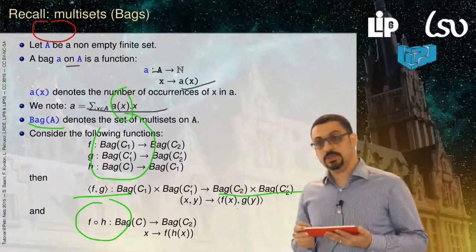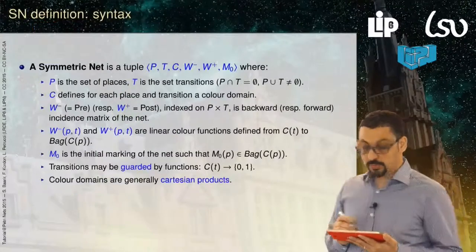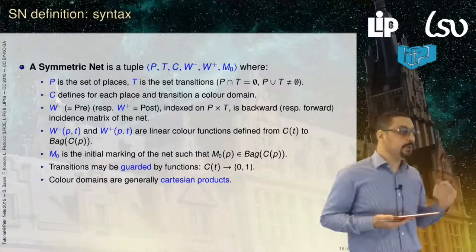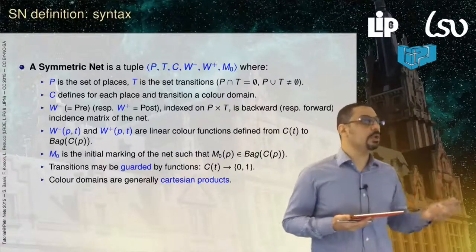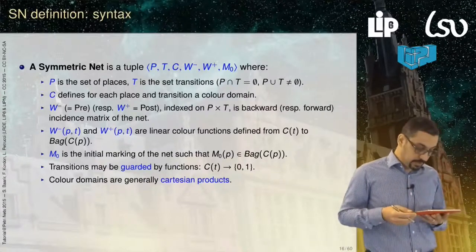With this notion of bag, now we can go through the formal definition of symmetric net. Here I will present a definition which is simpler than the real one, just to simplify the comprehension of the concepts.